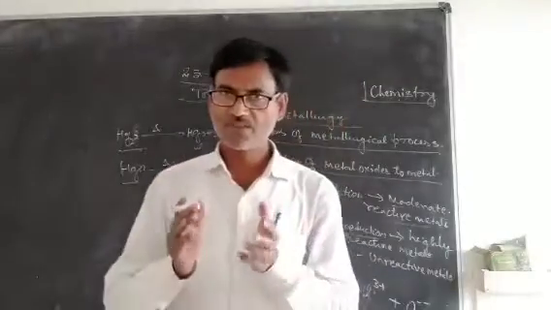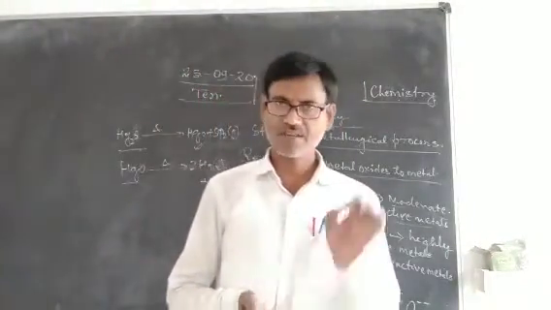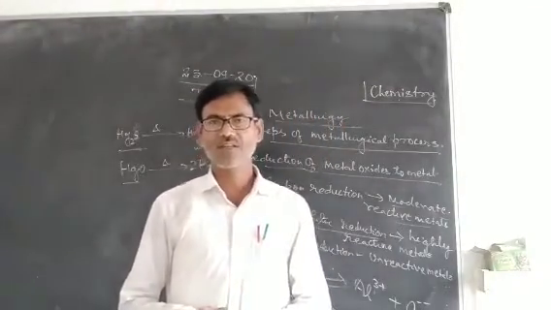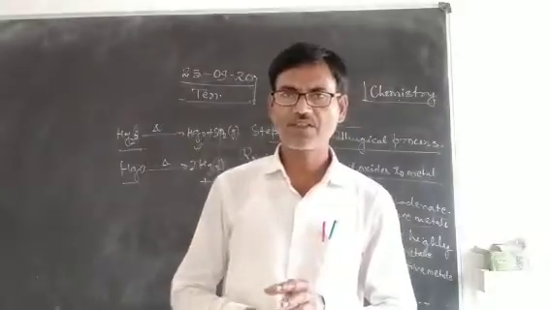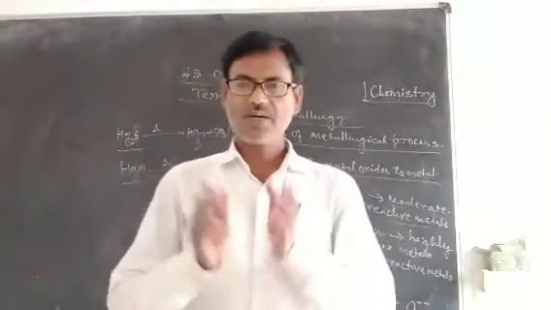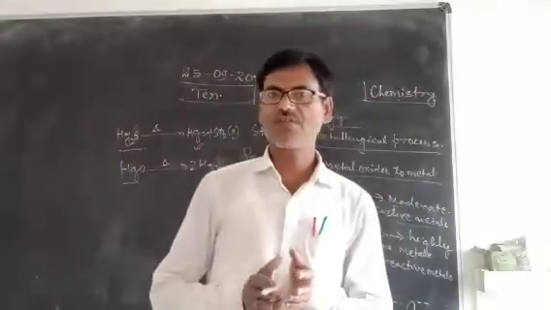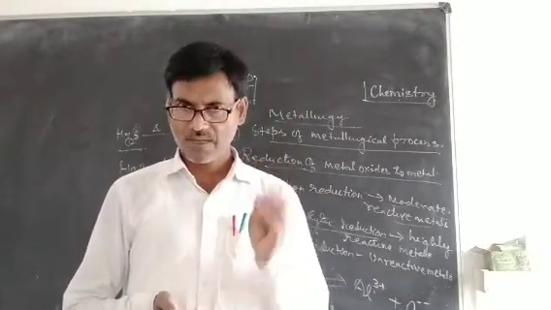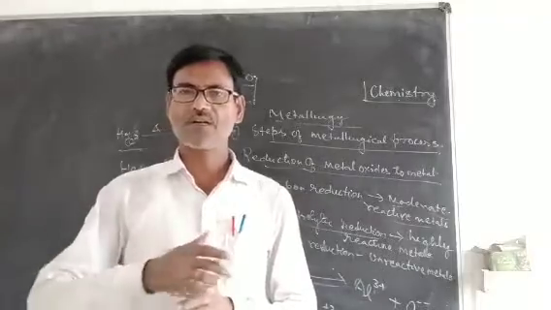You should keep all these points in mind. Let's summarize all the points I have discussed today. Three methods of reduction are there: carbon reduction, electrolytic reduction, and self-reduction. Carbon reduction is adopted in case of moderately reactive metals to convert their oxides into metal.